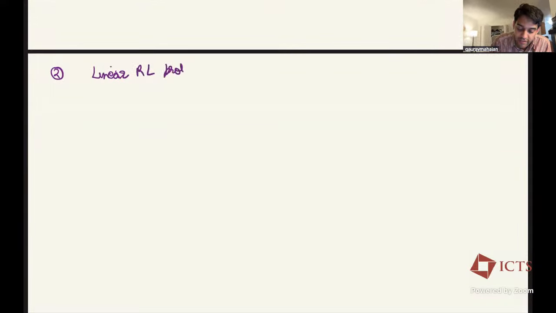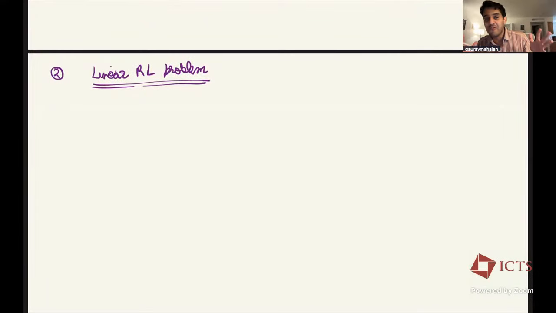Okay, so I'm going to define the linear RL problem a little bit slowly, but it's exactly what you would expect it to be. This is what we have been talking about, but we have to write it a little bit formally.